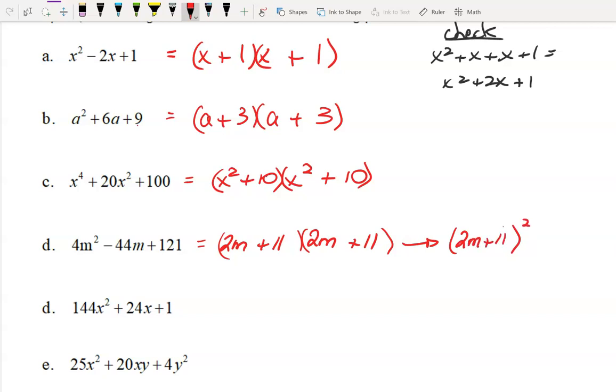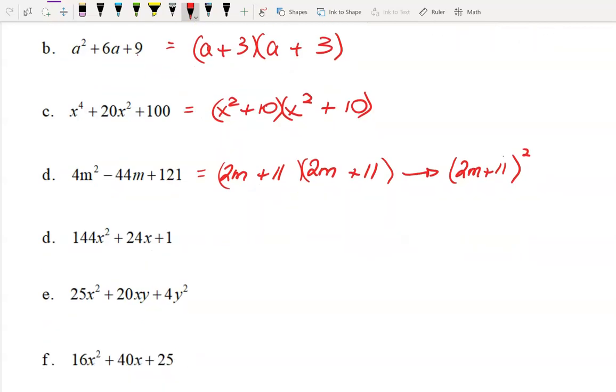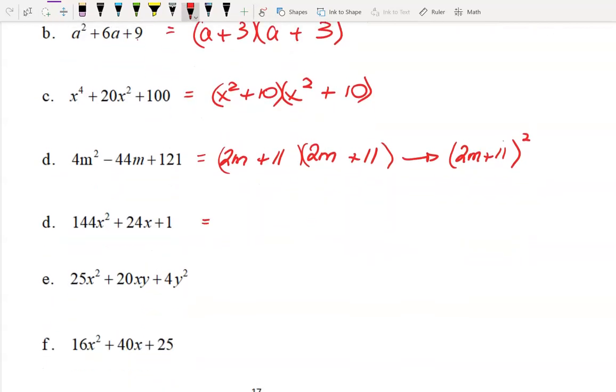Either way is fine. Doesn't matter. 144x squared, 12x, 12x, 1, 1 and 1. Every one of these you should be checking, but you should see that these are correct.